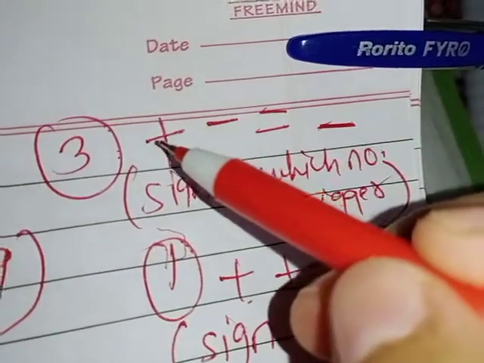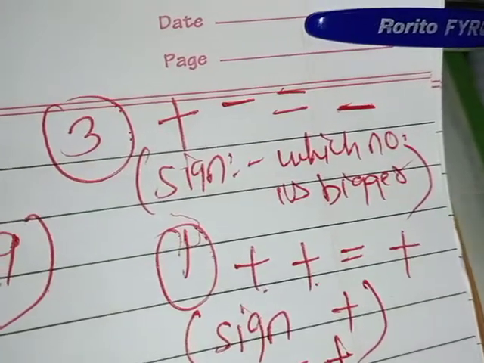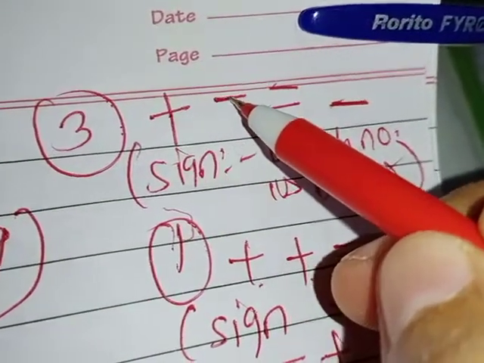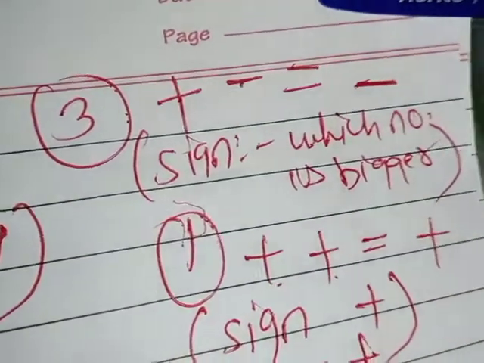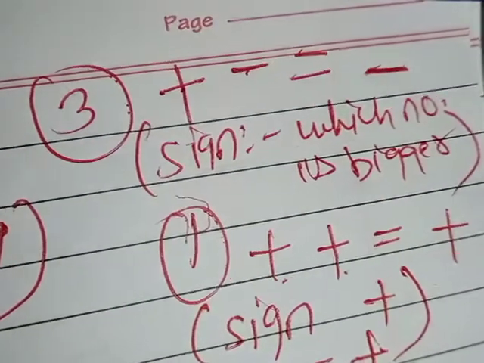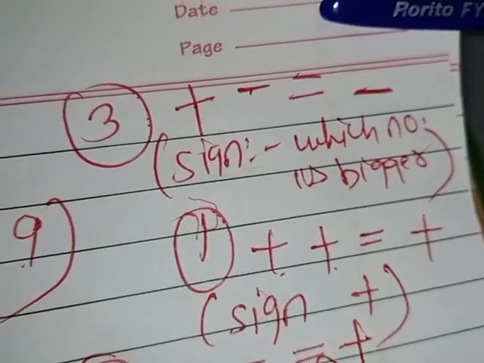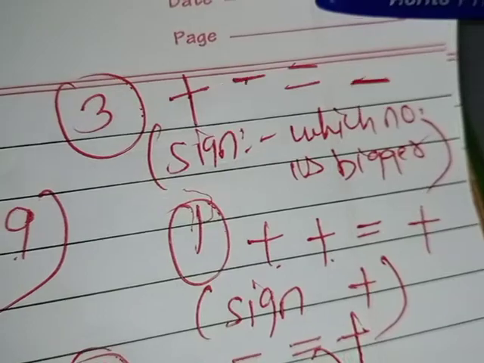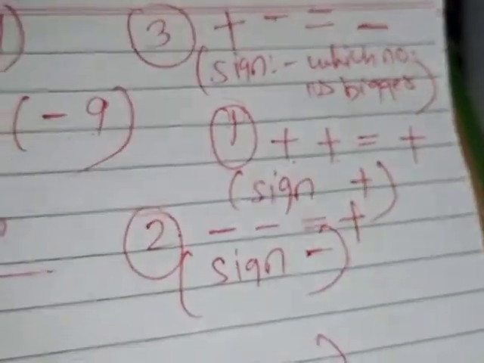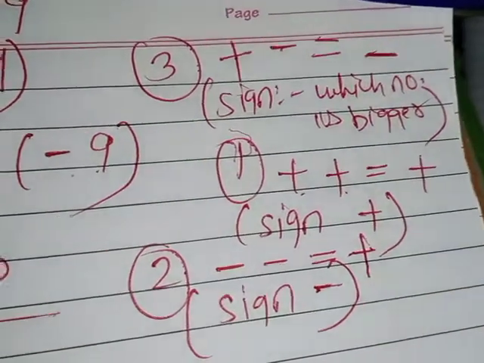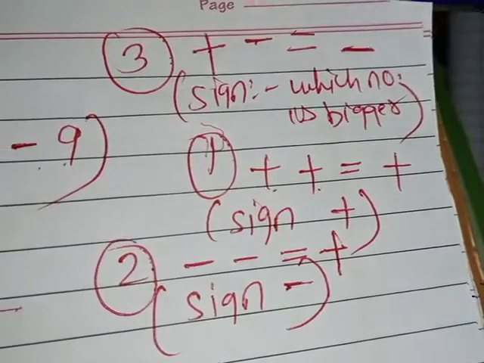Out of 2 numbers, if one is positive and one is negative, we will do the subtraction there. Two numbers we will subtract from each other. After subtracting, in the answer, which sign we will put? Sign we will put of that number which one is bigger out of them. So these three rules, 1, 2 and 3, we have to keep in mind while doing addition in the integer.